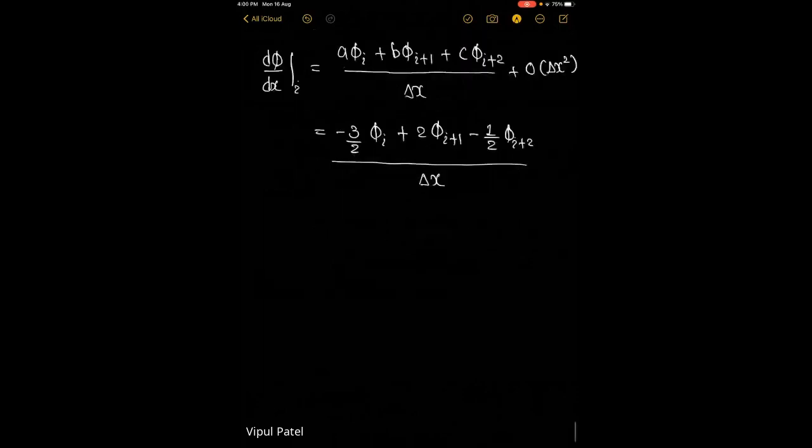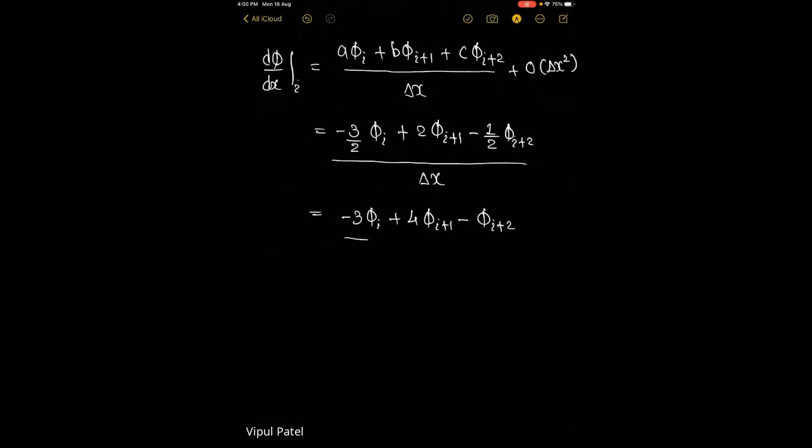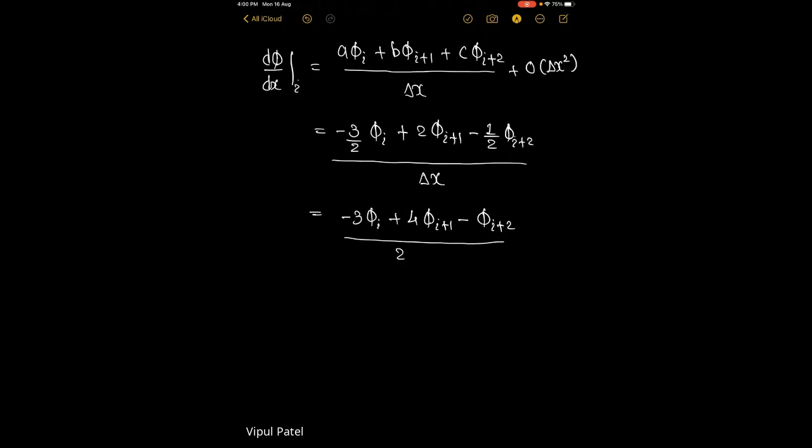And if I simplify this equation, then my final formulation will be minus 3 phi I plus 4 phi I plus 1 minus phi I plus 2 divided by 2 delta x. And I know that this formulation has the order of accuracy of delta x square.